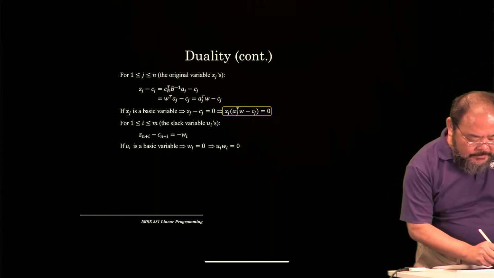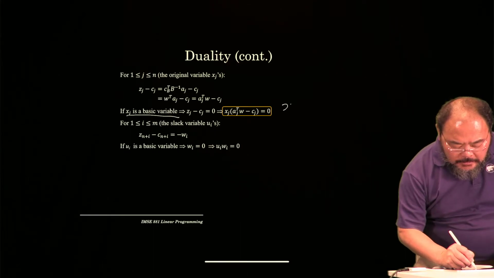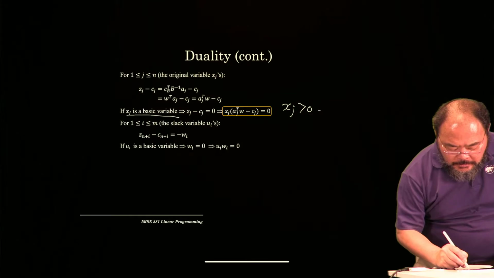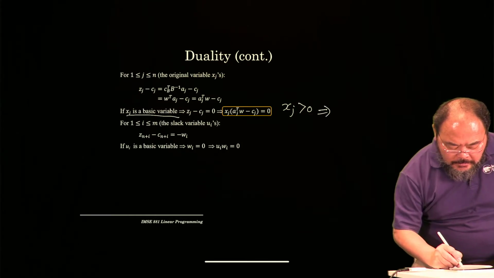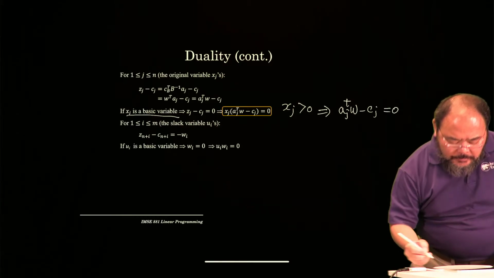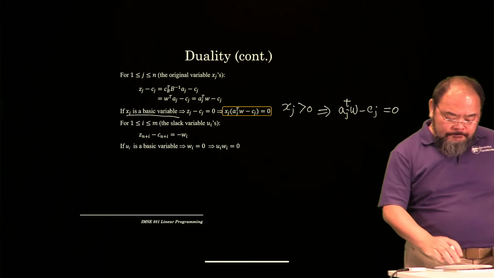So if xj is a basic variable, that means xj is greater than 0, then aj transpose times omega minus cj is going to be equal to 0. All right?